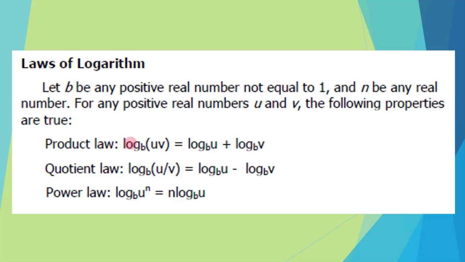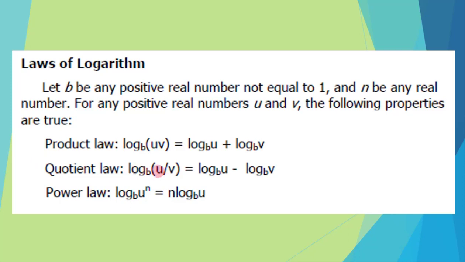We have here the product law: log of quantity u times v to the base b equals log of u to the base b plus log of v to the base b. That's the product law.